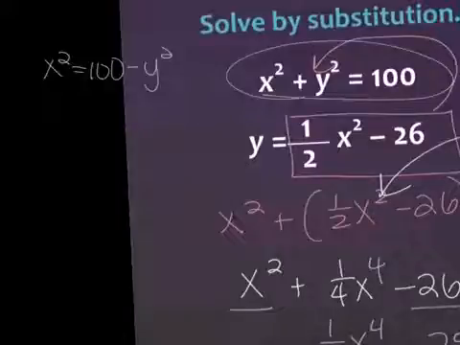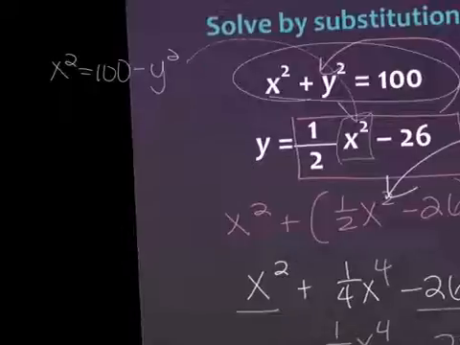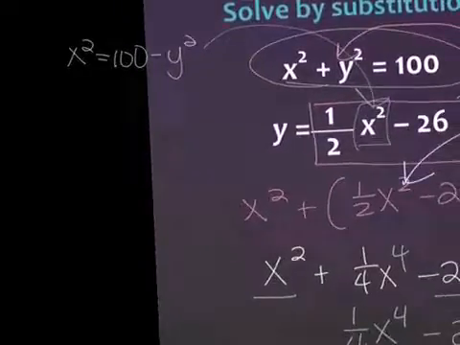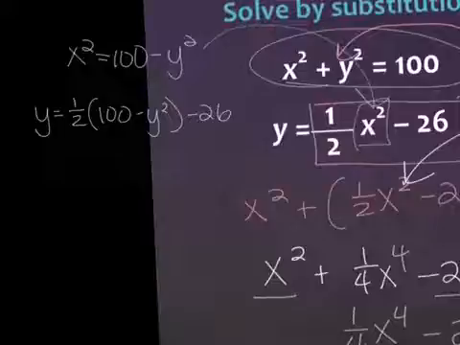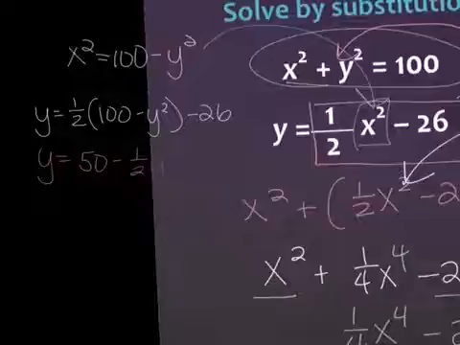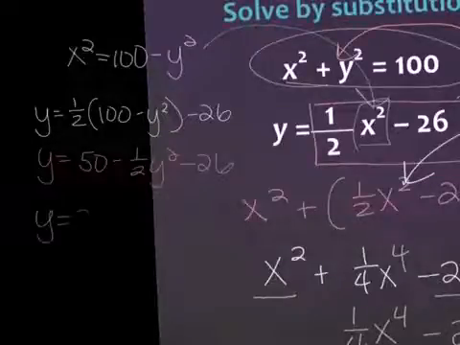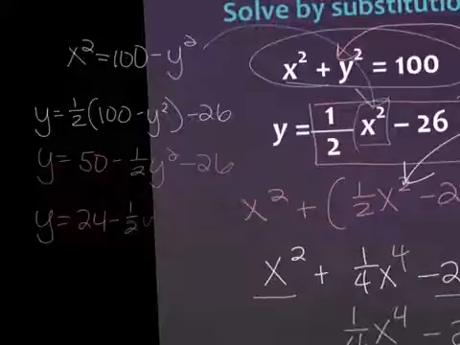Now, in place of the x squared, I'm going to plug this expression in. So I'd get y equals 1/2 times (100 minus y squared) minus 26. I distribute that 1/2: this is 50 minus 1/2 y squared minus 26, which is 24 minus 1/2 y squared. Now I'm dealing with much smaller numbers.